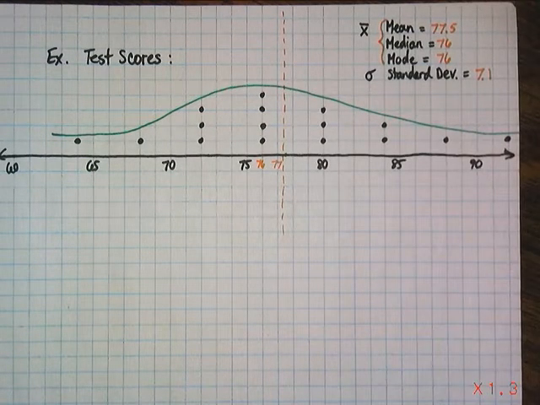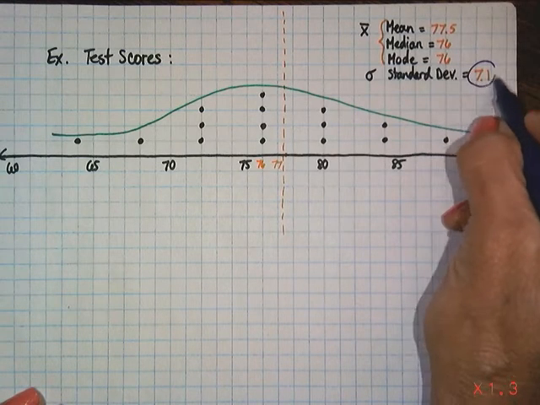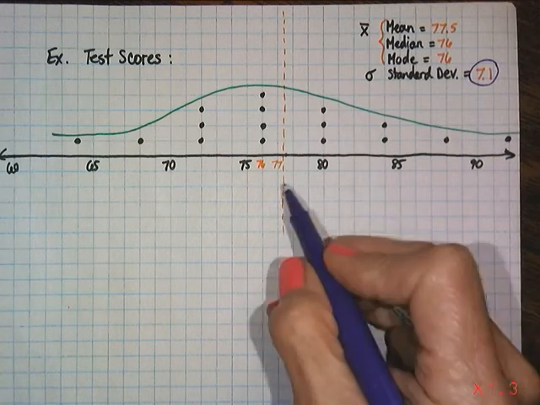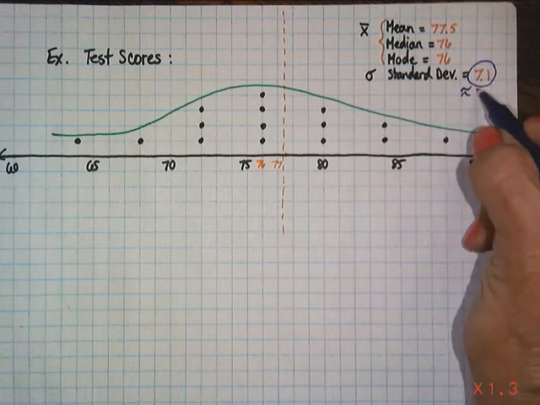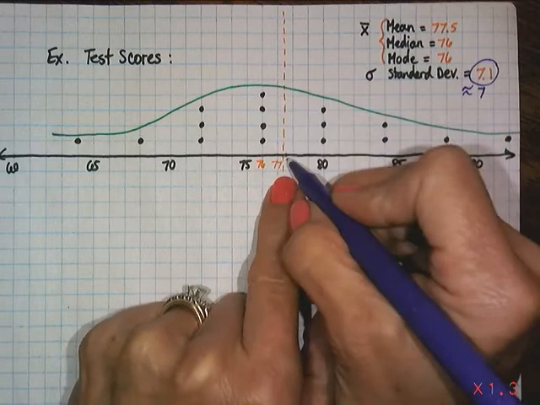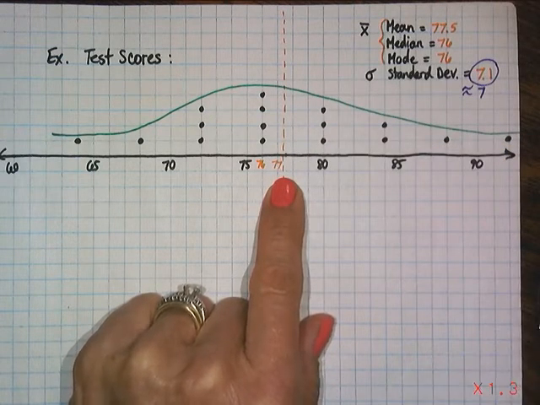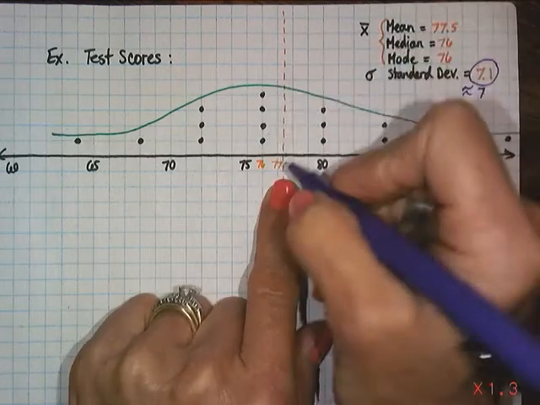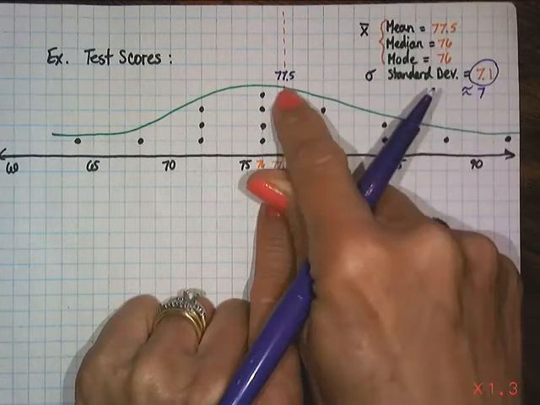All right, standard deviation 7.1. This is what it means. If I were to go approximately 7.1 units away from the mean, now keep in mind, I just said a few minutes ago, I'm probably going to round. I'm just doing that for convenience sake, right? If my mean is 77.5, let's put it right here. Don't have much space. 77.5. That's my mean.